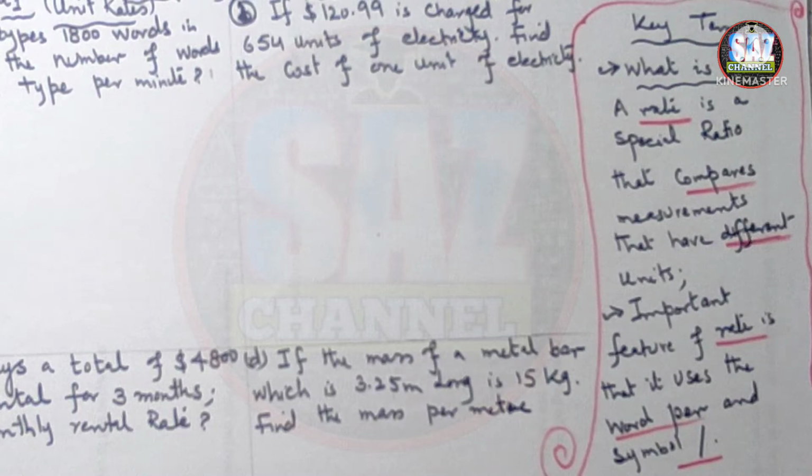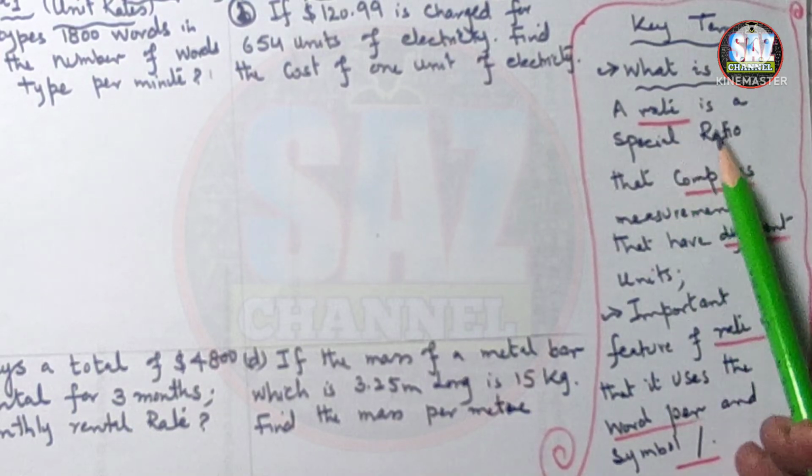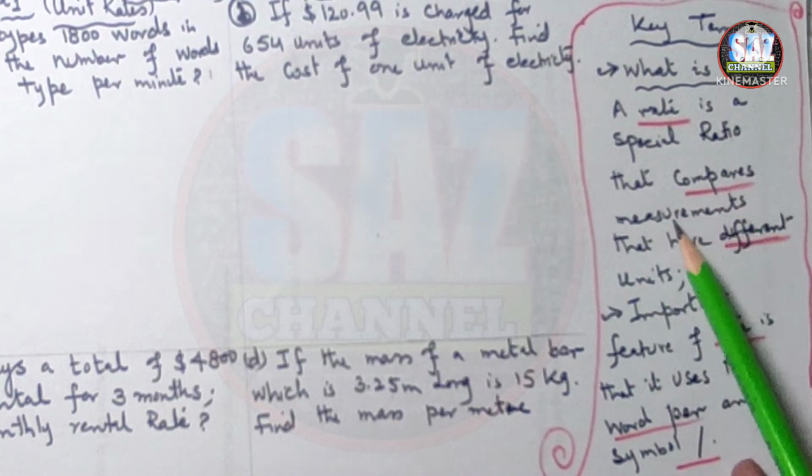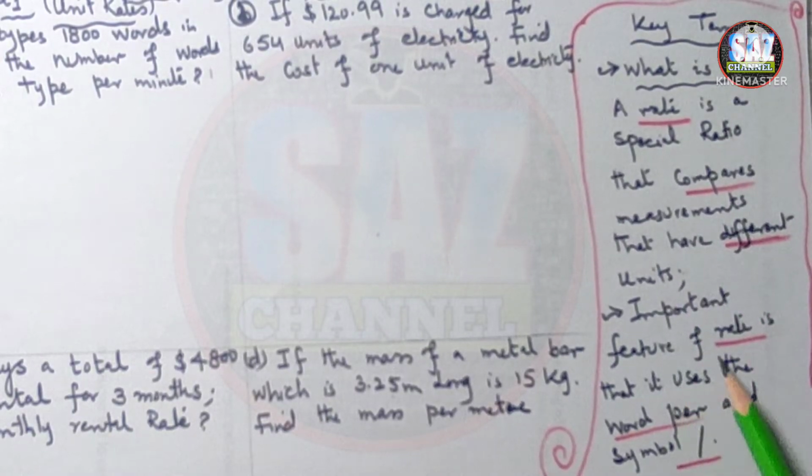So a rate is a special ratio that compares measurements that have different units. An important feature of a rate is that it uses the word per and the slash symbol.